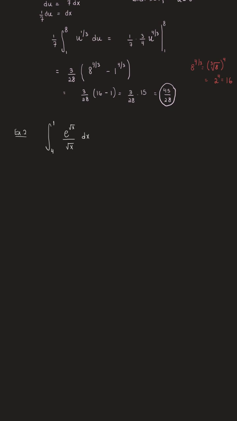So I would recommend trying a few things. I'm going to try letting u be all of the square root of x. And the reason for that is because I have a feeling that when we find du, we might be able to take care of this denominator. So we'll rewrite this as x to the 1/2, and then du will be 1/2 x to the negative 1/2 when we subtract 1 from the exponent, dx.